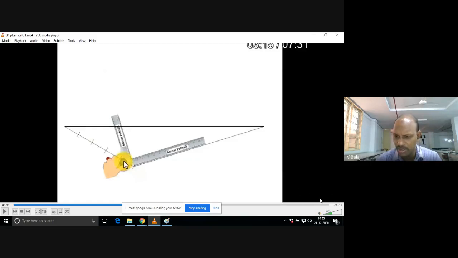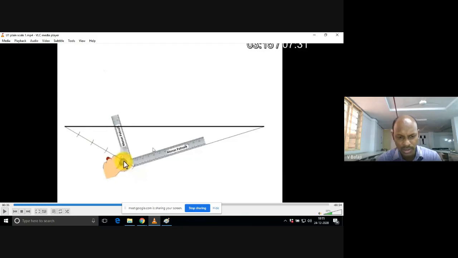Suppose you are seeing my screen, right? I am showing you this is the down corner, the right hand side down corner. You need to fix the drawing sheet there, and at the top left corner you need to fix the mini drafter frame somewhere here.